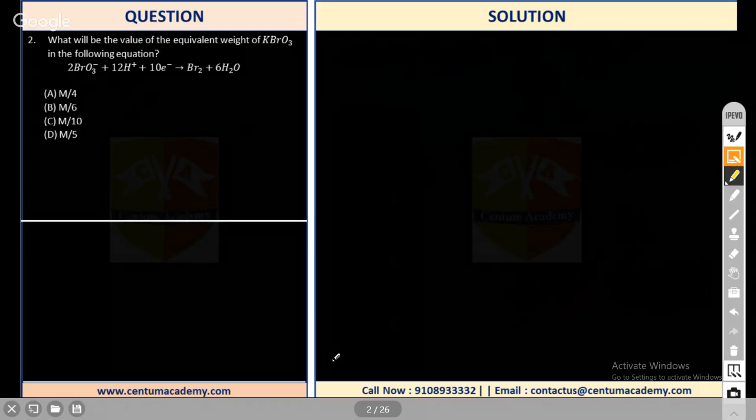And the number of electrons exchanged is nothing but the n factor. What is n factor? See, the formula we have for equivalent weight is molecular mass divided by n factor.